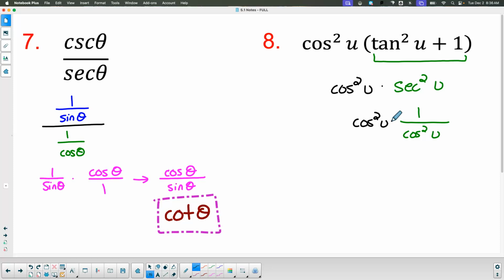Cosine squared times 1 over cosine squared is just 1. Good? No questions?